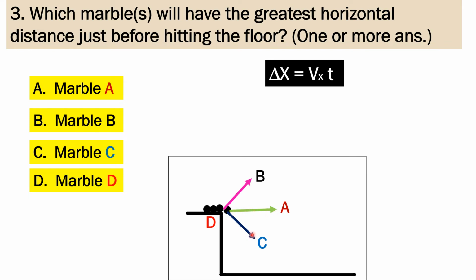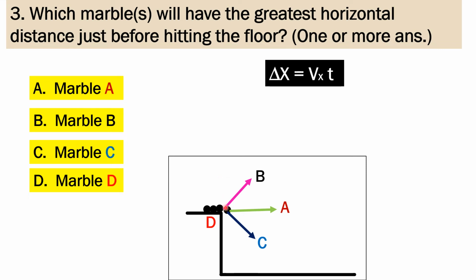But what happens to the horizontal component of the velocity of marble B? It will no longer be equal to 10 meters per second, right? Because part of the 10 meters per second that we assume will go to the vertical component.